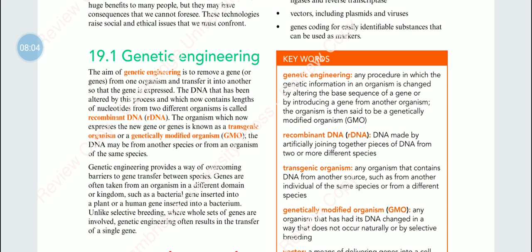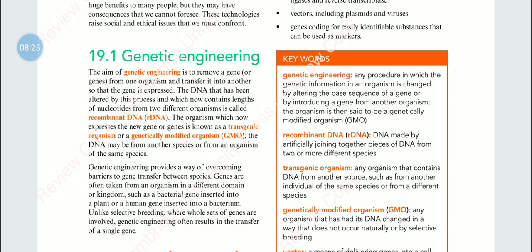We cannot do that. So what we can do is take a useful gene of a different organism and, without any sexual activities, get it transferred to any other animal or person or plant or whatever it is.